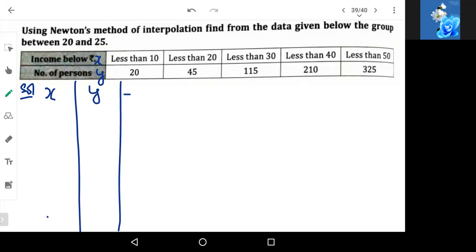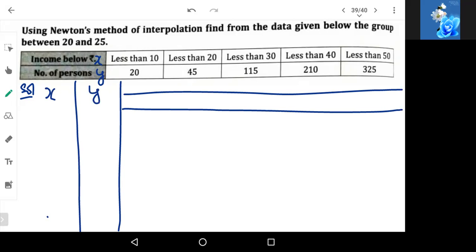Then you'll have leading differences that you'll have to find out. Let's just write it as leading differences, and then we'll see how many differences we'll have to find. Now x and y, however it is given, just write down like that.